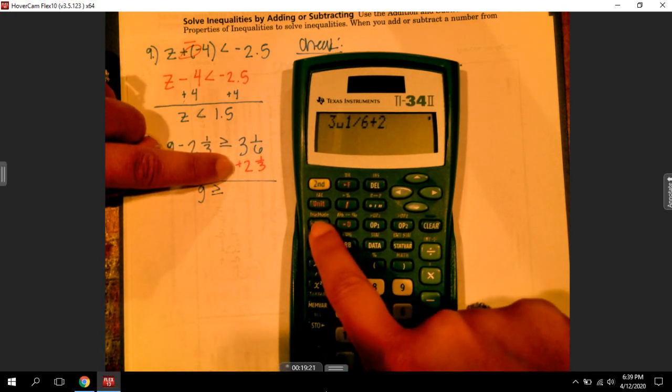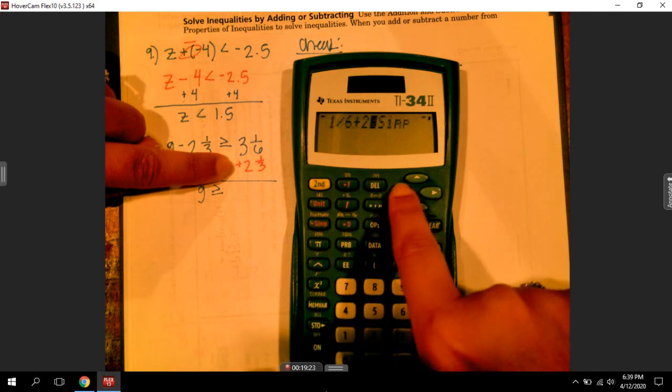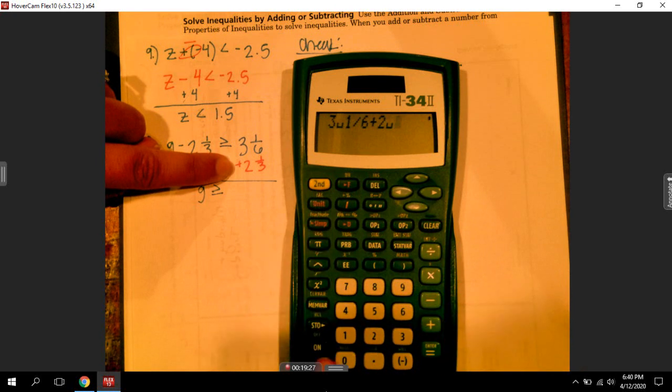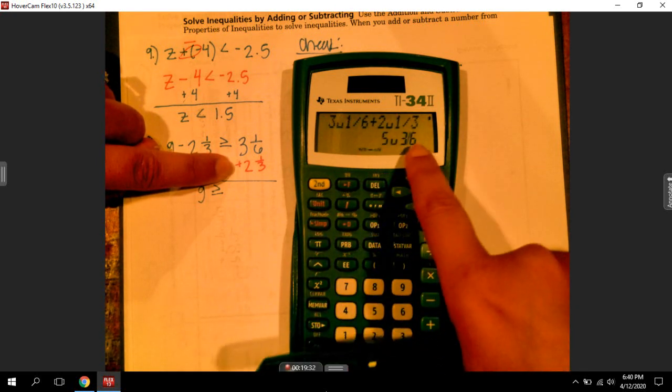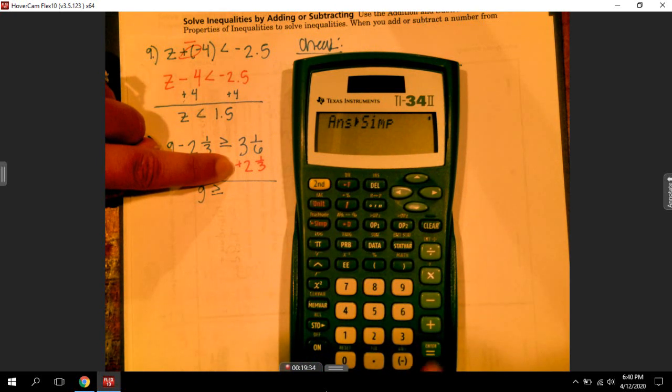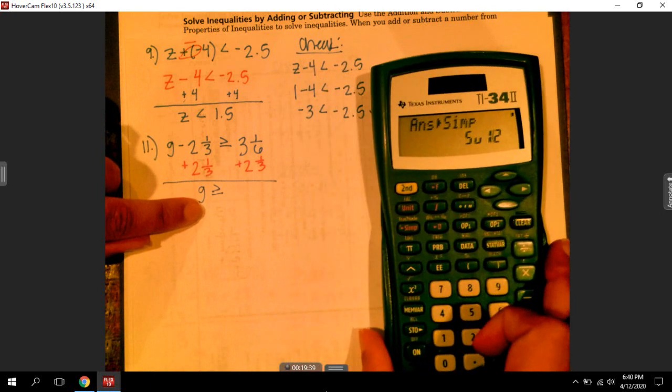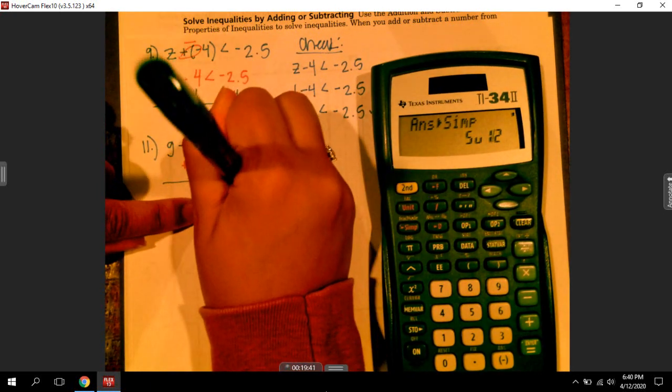So 3 1/6 plus 2 1/3. So that gives me 5 3/6. I'm going to simplify that because it should be 5 1/2. Okay. So g is greater than or equal to 5 1/2.